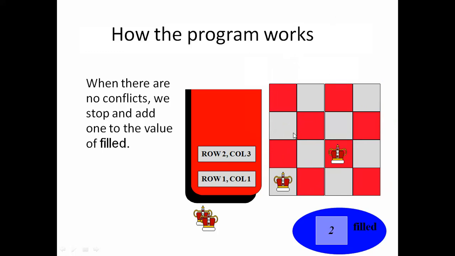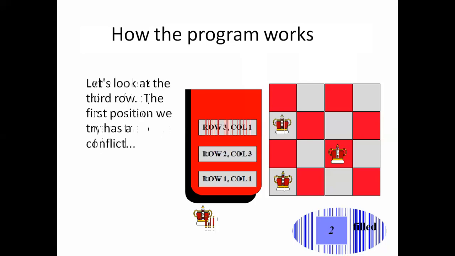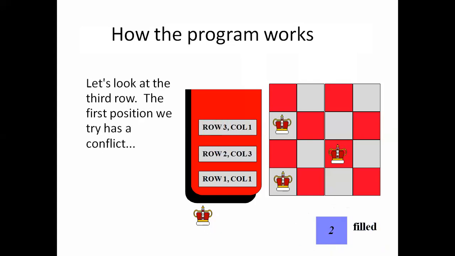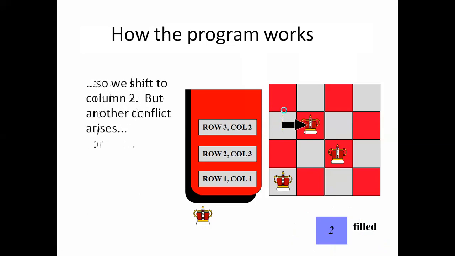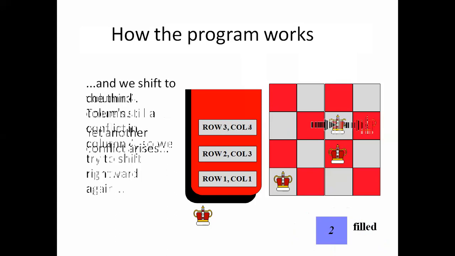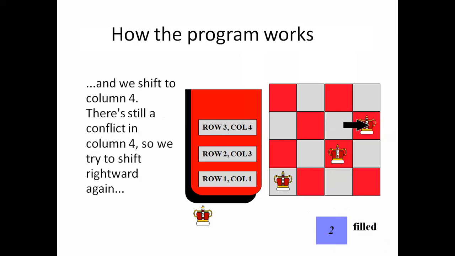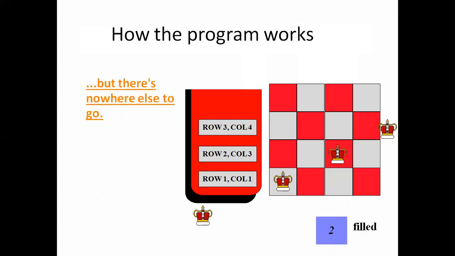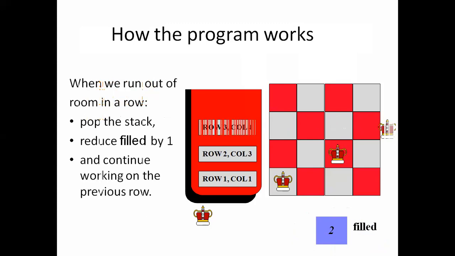So let's see about the third row. In the first position we have a conflict, in this row, this is the conflict, again a conflict, again a conflict, and column 4 also has a conflict. We try to shift forward again, but now we are moving back.